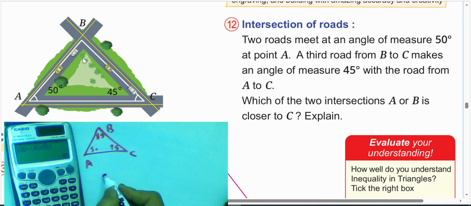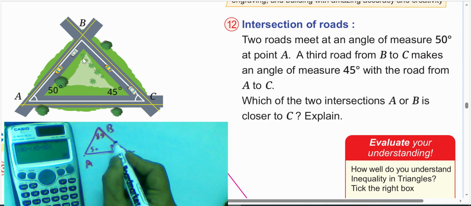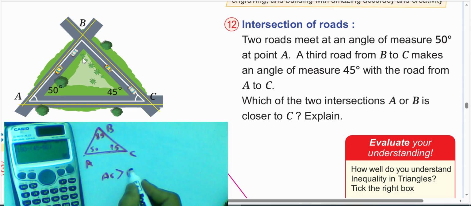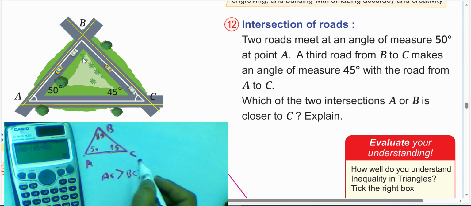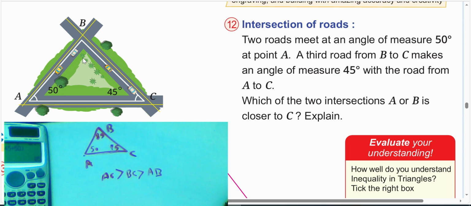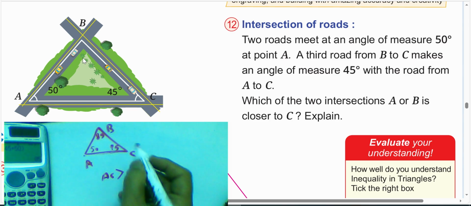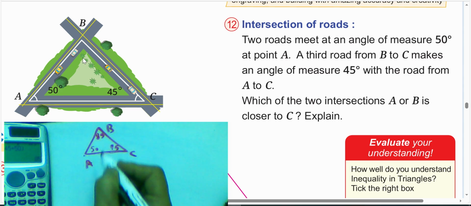Then AC will be greater than the side opposite 50, and BC greater than the side opposite 45. Which of the two intersections, A or B, is closer to C? Which is closer to C, A or B?